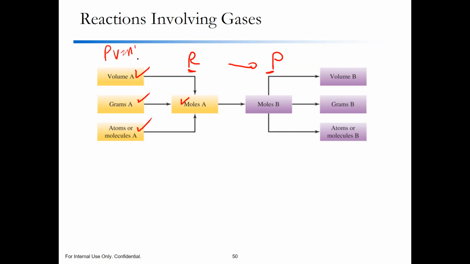PV and RT. If I know the moles, I know the volume of the gas. If I know the moles of product, if I'm making a gas, then I know the volume of gas I'm going to make. So if I know one of these boxes, I know how to calculate all of these boxes, the values. That's just to give you a little hint. You guys understand what that hint means?